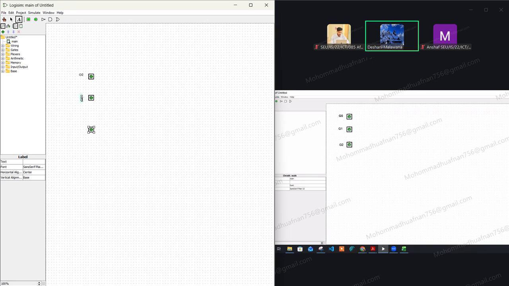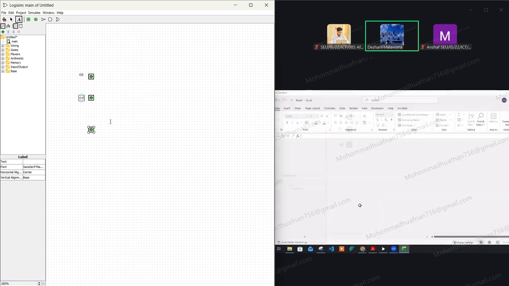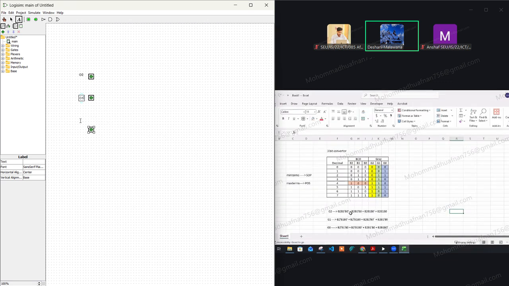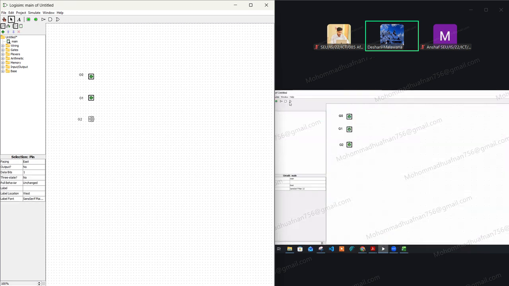Now, according to this one, we need OR gate and also AND gate. First, we need AND gate, right? So, the next one, AND gate. I will take this one to here, a little bit.